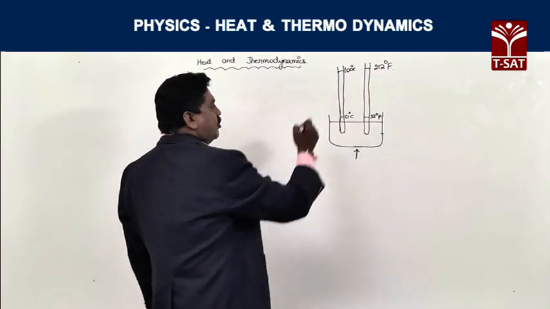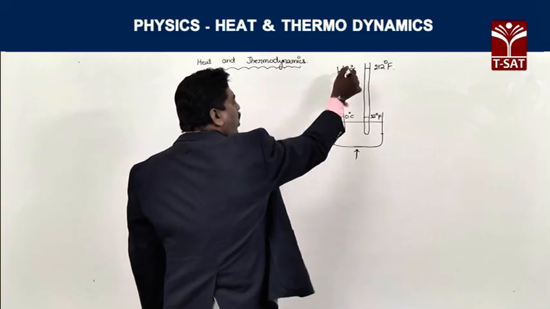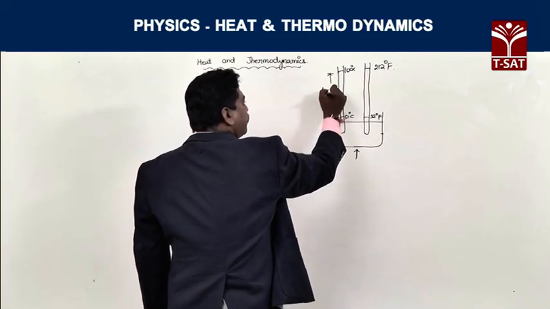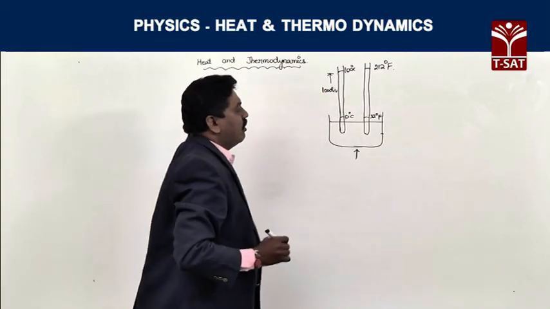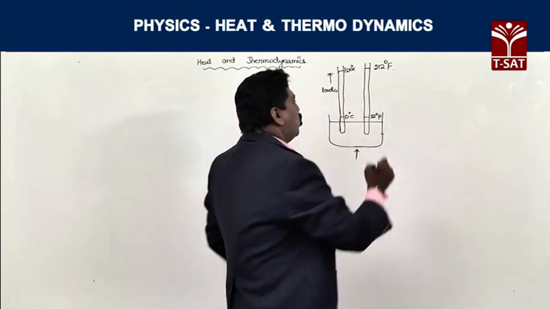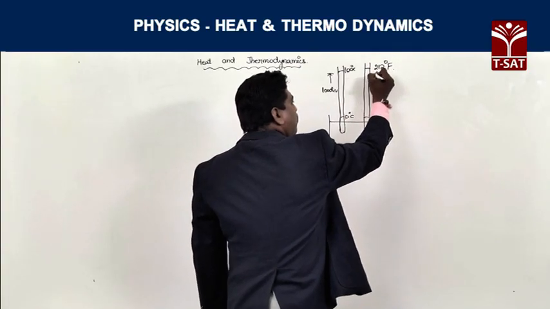So in the first tube, the distance between 0 and 100 is 100 divisions, and in the second tube, the distance between 32 and 212 is 180 divisions.